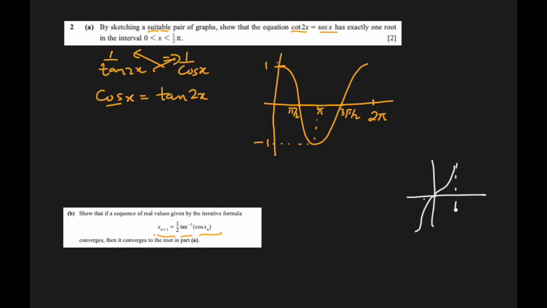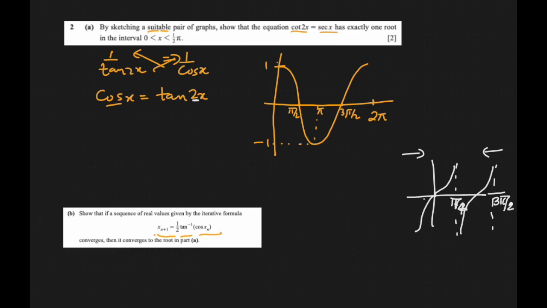Our first asymptote is at pi by 2, and then it starts again, and the second asymptote is at 3 pi by 2. This is how the graph of tan looks. However, it is tan 2x. What will 2x do? It will squeeze this graph horizontally. It will compress it by half. That means this pi by 2 will become pi by 4.